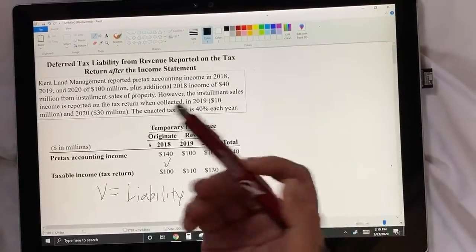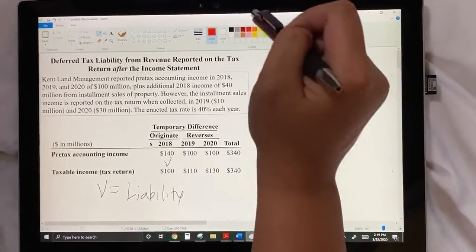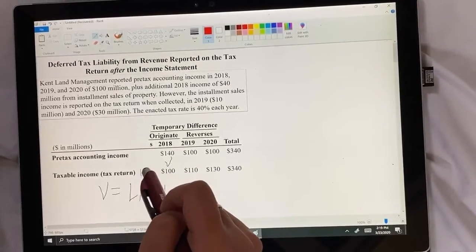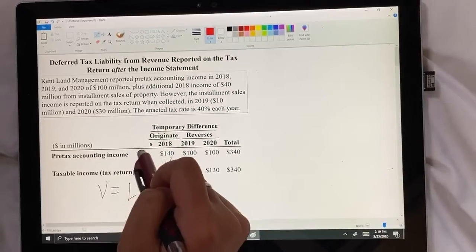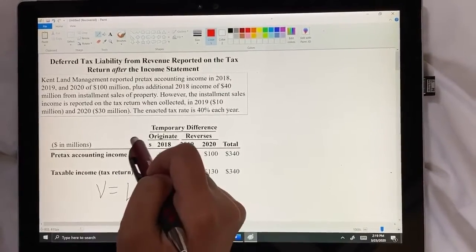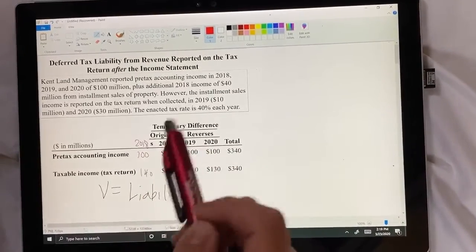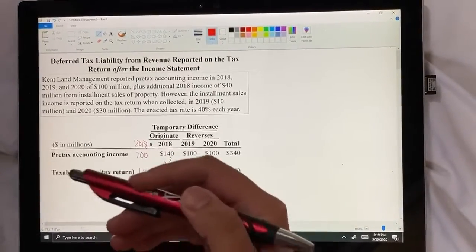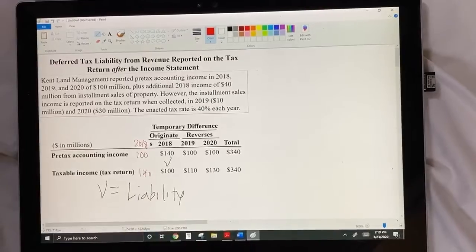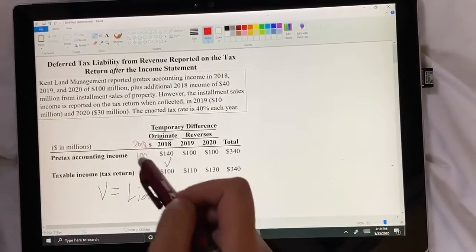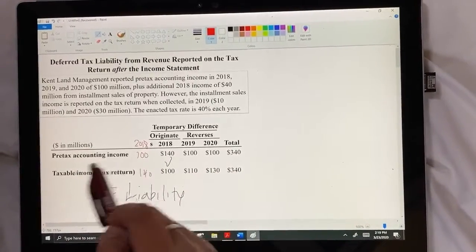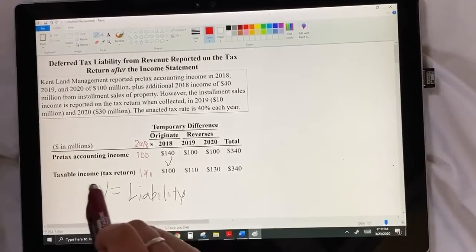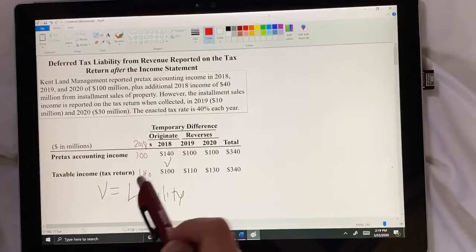Okay, so let's change the scenario. What if this one right here was the 140 and this one right here was the 100, and this was year 2018? Again, you have to look at the first year. This is what determines whether it's a DTL or a DTA. So in 2018, the pre-tax accounting income was $100 million, and the taxable income is 140.